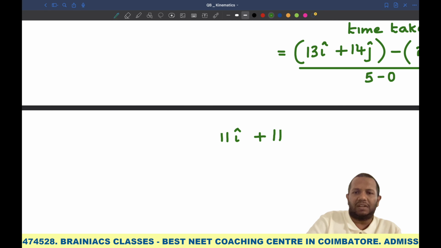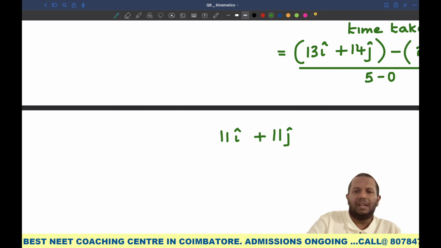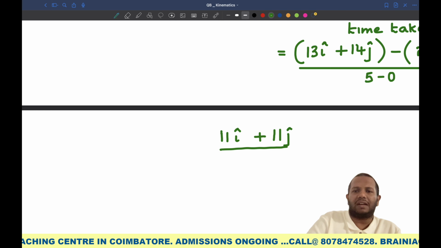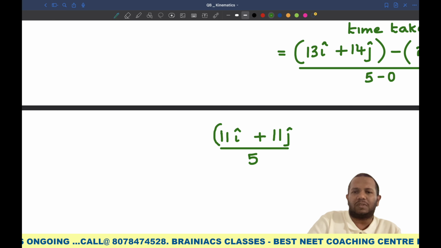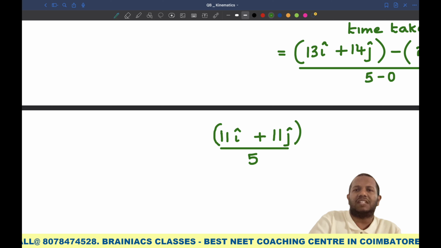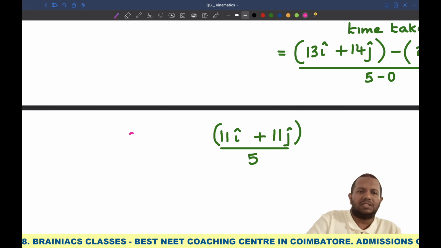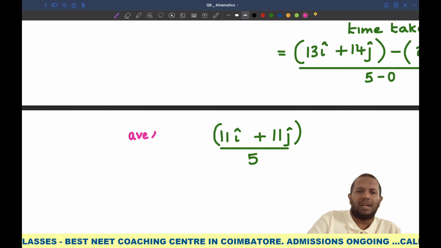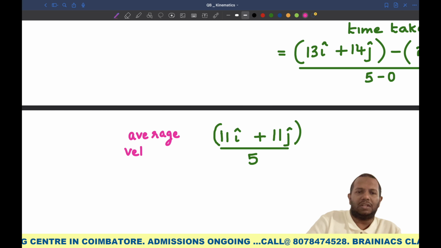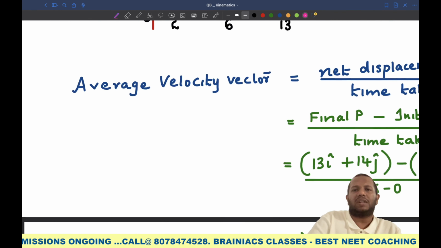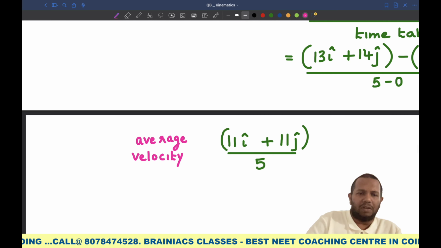I hope it is clear. Divided by the time taken, that is 5. So this is my expected answer for this question, that is, this would be my average velocity vector for this particular movement.